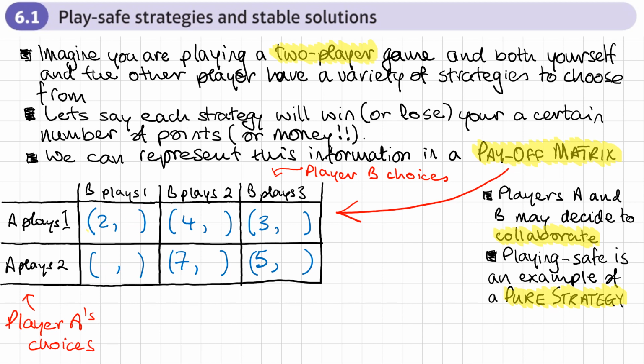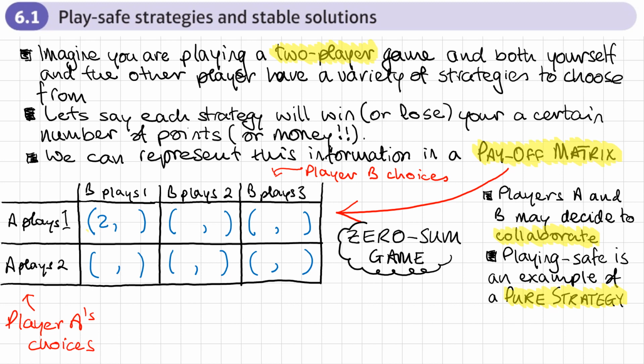So I'm going to take some of these out here. And let's start with the first one. So in this first cell here, it's called a zero-sum game because the total winnings in the cells will add up to 0.